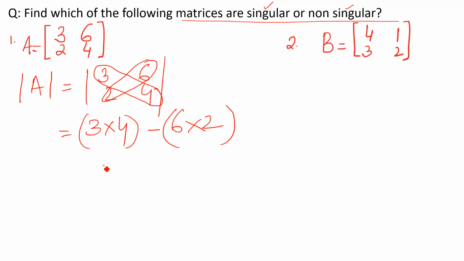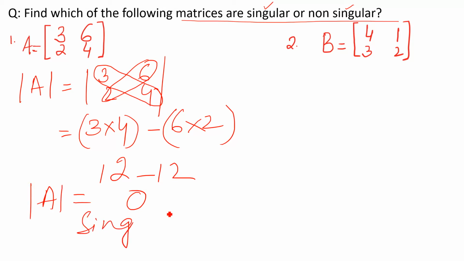So this is 12 minus 12, which is equal to 0. So the determinant of A is 0, which means this is a singular matrix. A matrix is said to be singular if the determinant of that matrix is equal to 0, right? If the answer is not 0, it means it is non-singular.